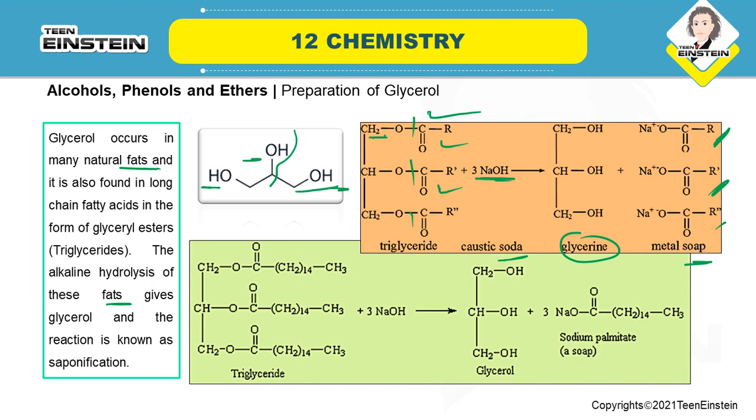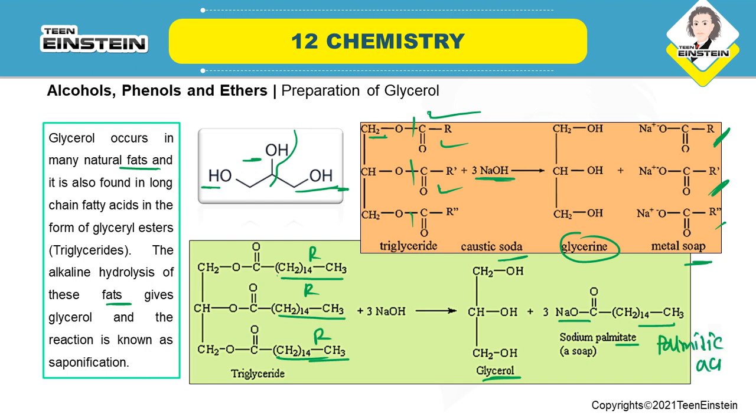Now take an actual example. See what kind of molecule we have taken here. OCO, then the R group is CH2 14 CH3. So this is a long chain. This is also the same group, this is also the same group. So all the R groups are the same. Then we are getting glycerol or glycerine and the sodium salt of this chain, which is basically known as palmitic acid.